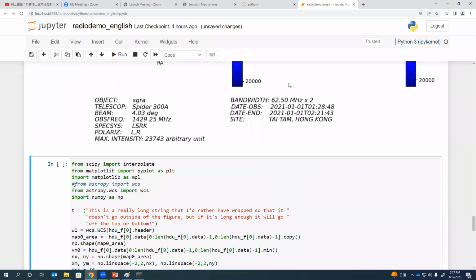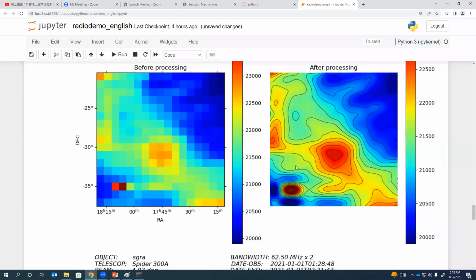Okay, yes, we finished the simple processing, and we do some interpolation between each pixel. So after this processing, can you see that on the left-hand side we have the raw image, and on the right-hand side we can easily see the galactic center?